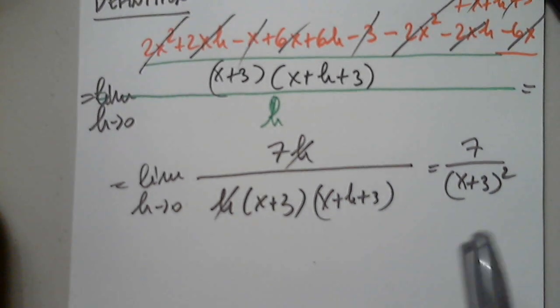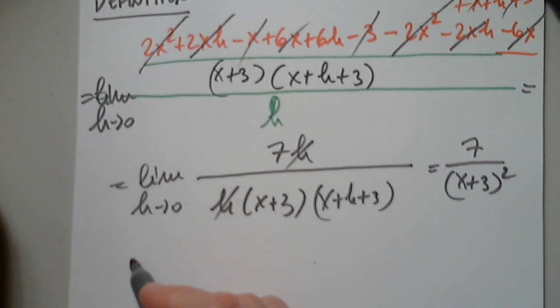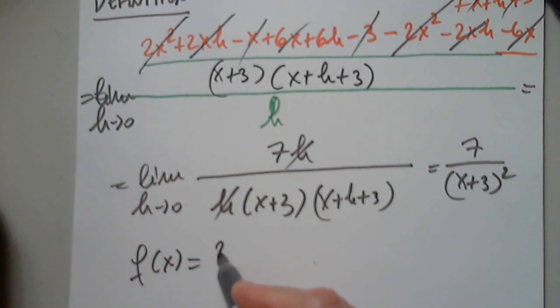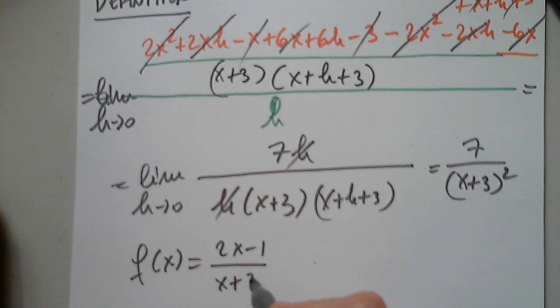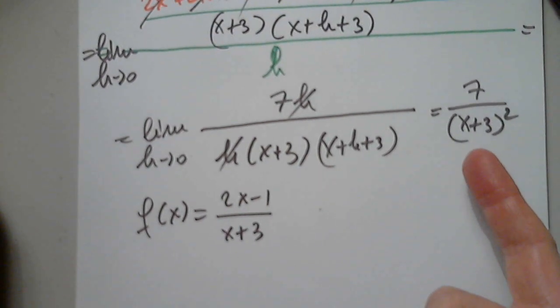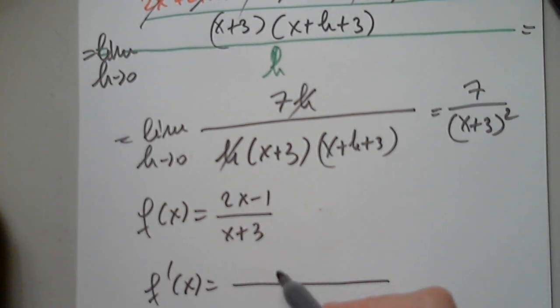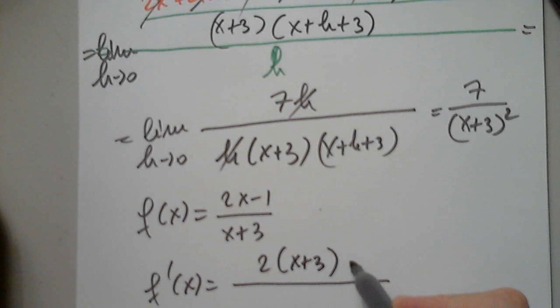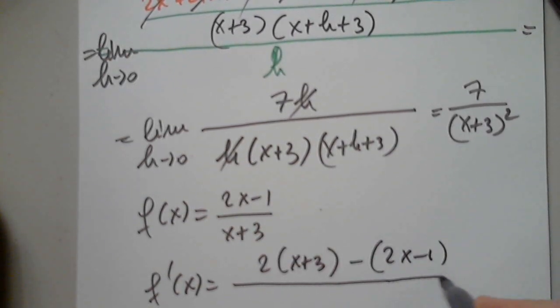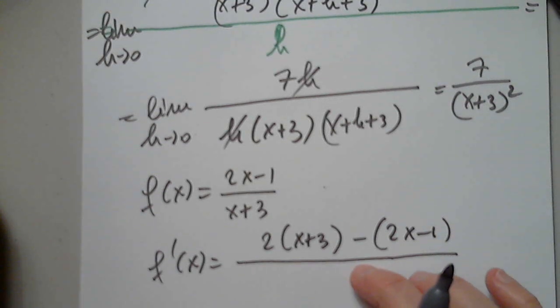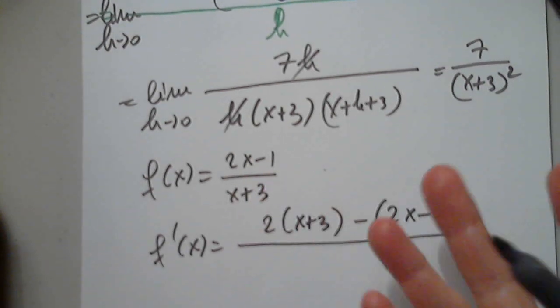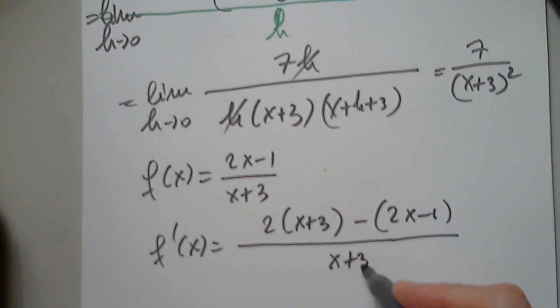And of course, I'm not going to move on before I check my answer. So I have f of x, which is 2x minus 1 over x plus 3. If I don't get this, I'll say, oops. So f prime of x with the quotient rule: the top prime is 2 and x plus 3 minus the top with parentheses. Do not forget, we have to distribute negative 1 times the denominator prime, which is 1 over x plus 3.